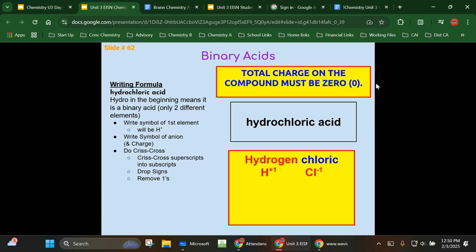Now, we still need to balance off charges, but what do you get when you take a plus 1 and a minus 1? 0. So you're just going to put these two together. You can do the crisscross method if you want. You really don't have to because you're going to get a 1 and a 1 here. By the way, you'll notice I've dropped the signs. Why? Because we never bring signs down anyway. Okay?